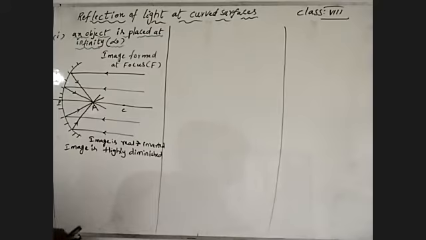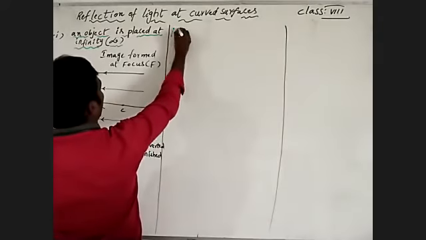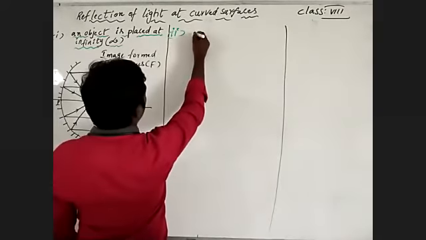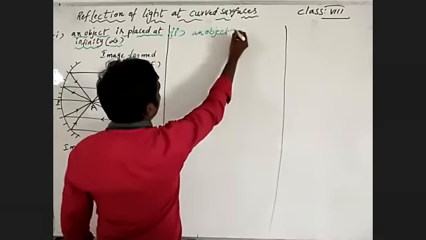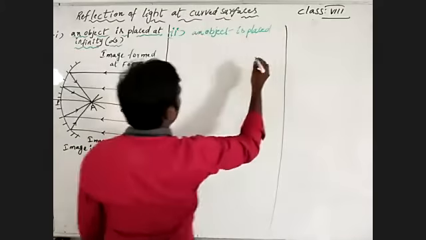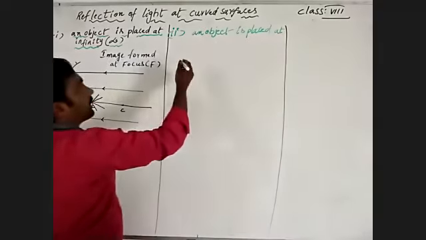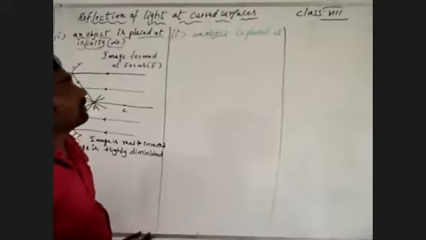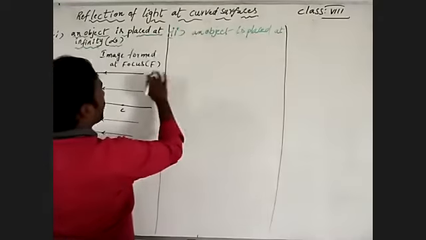Understand? Coming to that, one more situation we can discuss. Second thing: an object is placed at the focus. You have to come to the same as opposite to this.